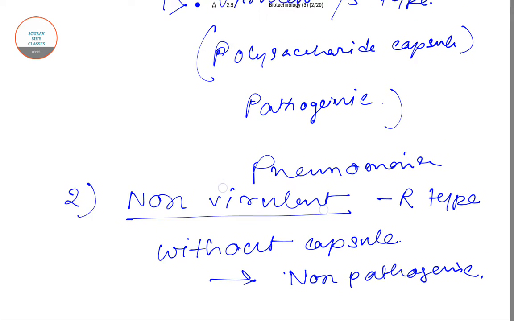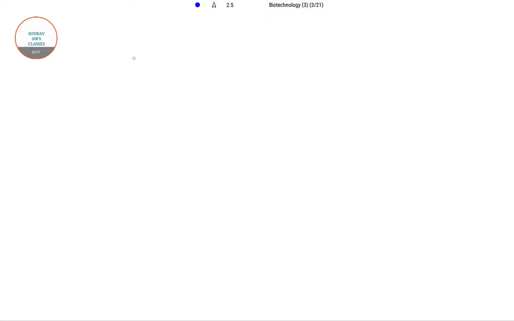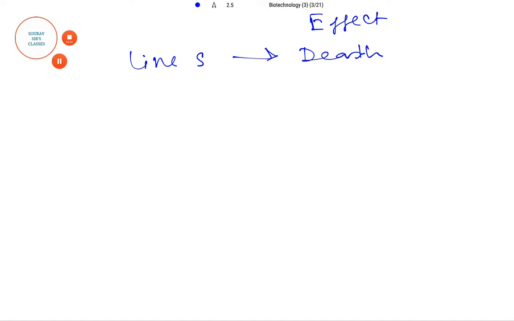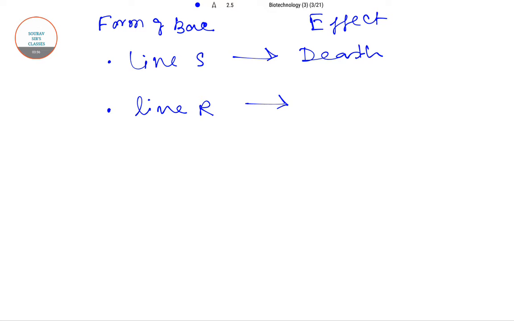Now, from the results of Griffith's experiments: line S, the virulent type, has the effect in mice of death. Line R, the non-virulent type, has the effect that the mice will survive.